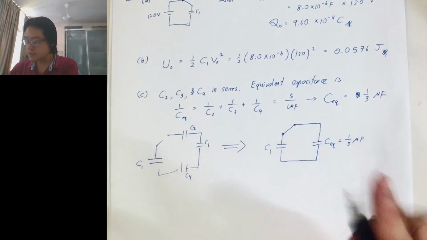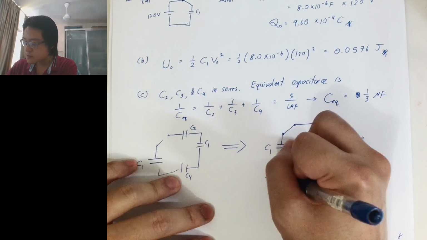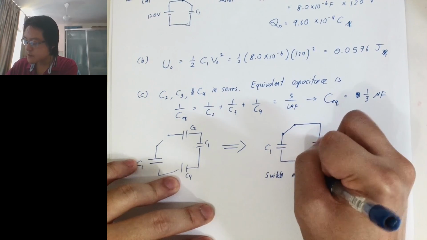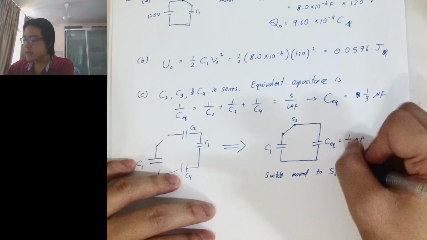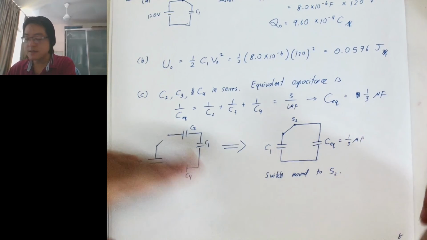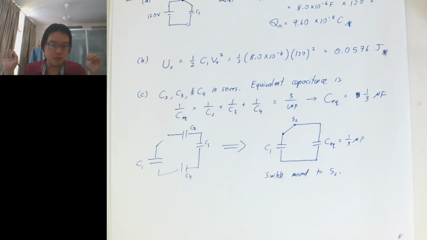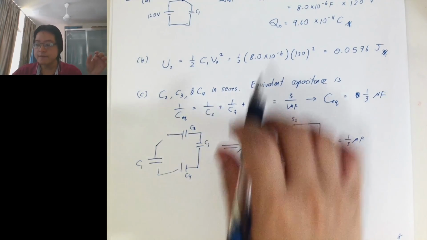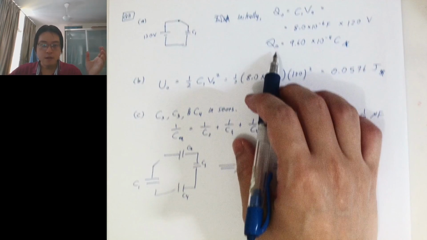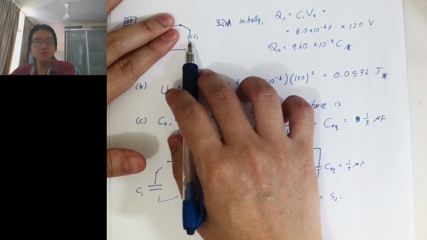This is where the switch has been moved to S2. When I move to S2, it will start to discharge a bit, right? So what is going to happen? Initially, my capacitor C1 has Q0, so it is charged to Q0.